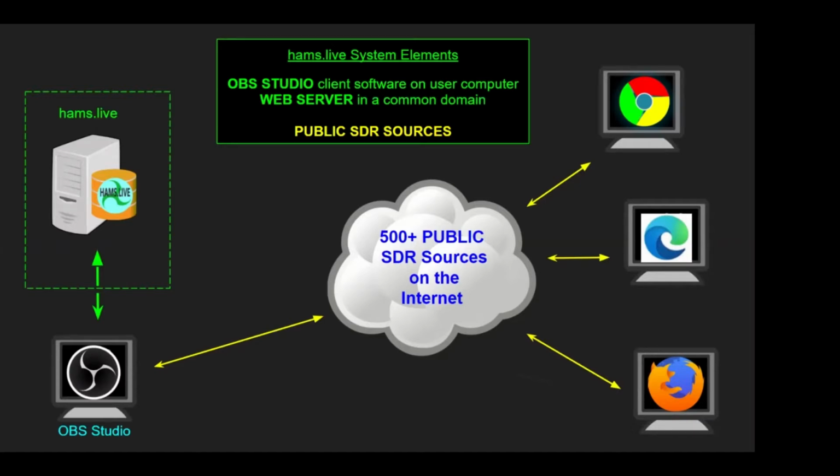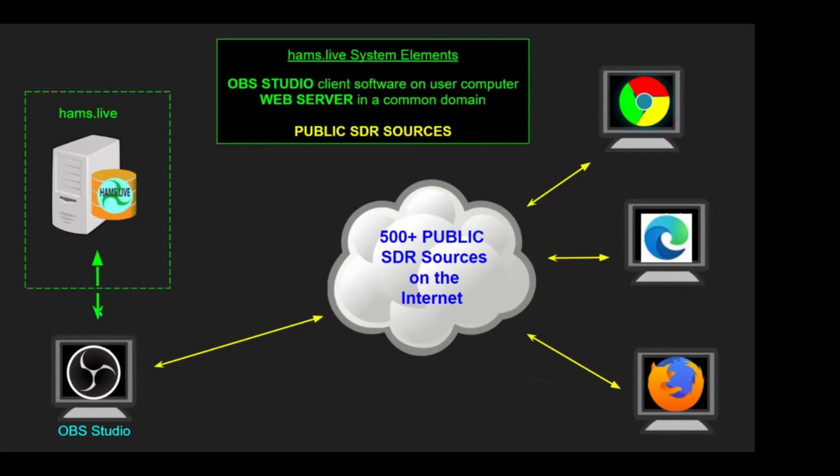Number one, over here in the lower left is OBS Studio software running on your computer, and it has embedded browsers. So it performs the same function as far as communicating with the SDR as all the other browsers do, and it gets there the same way.